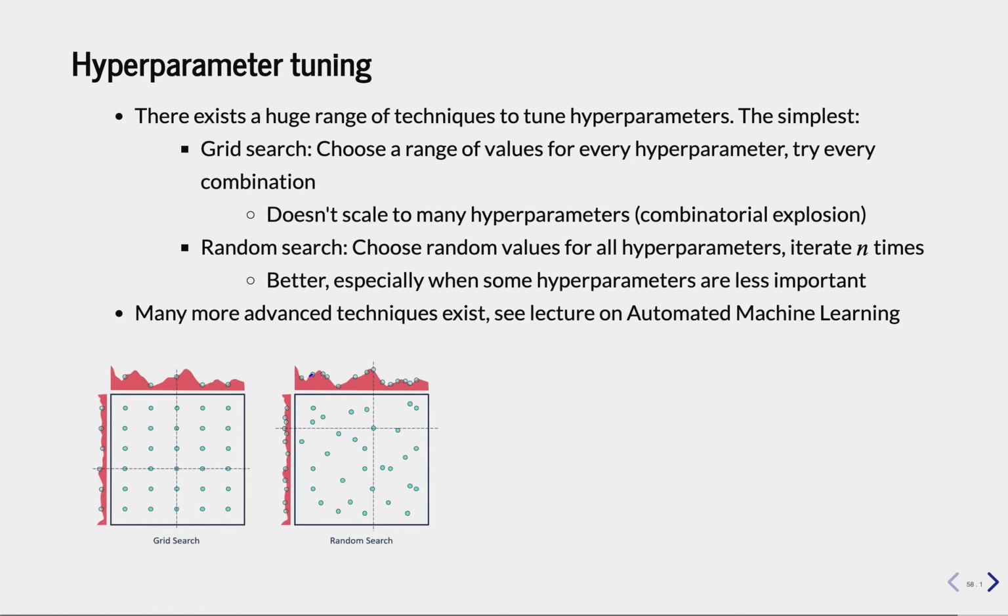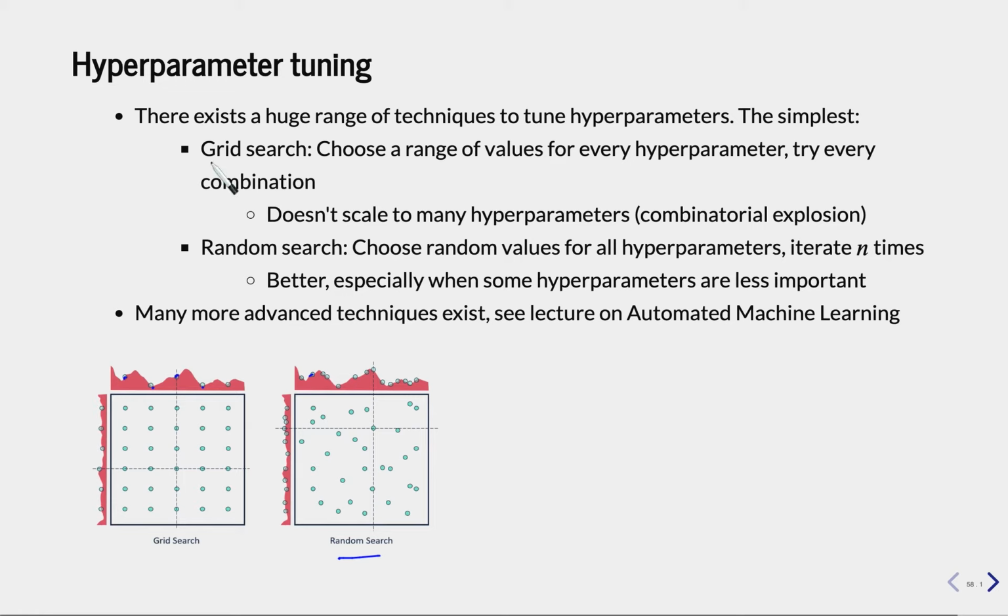Right? We have many points here, while grid search has only evaluated 5 points. For these reasons, random search is typically preferable whenever you have many hyperparameters, or your hyperparameters have different effects on performance, and some may be more important than others.